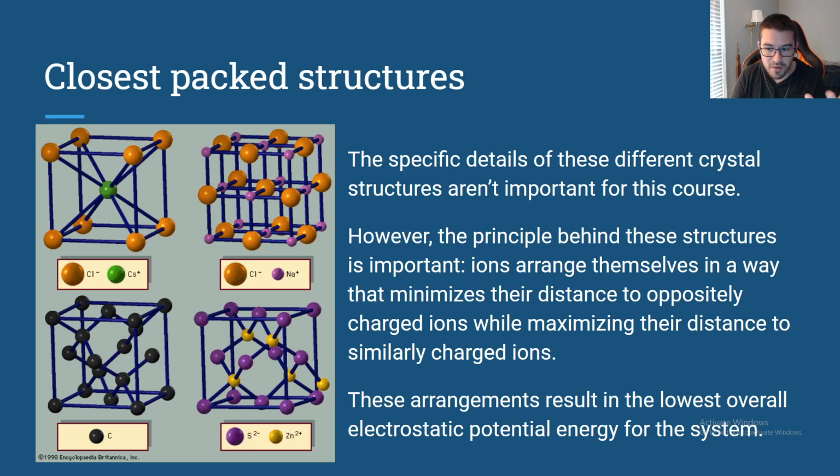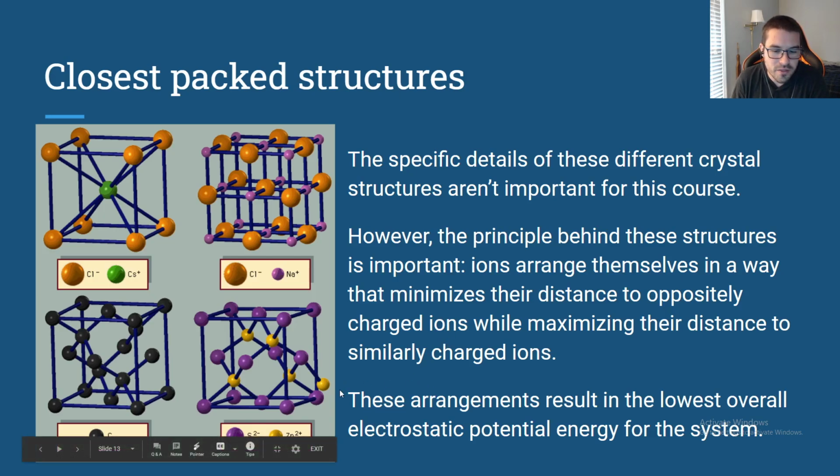While maximizing their distance to similarly charged ions. So anions and anions want to be far apart, right? Because they have similar charge. As long as you understand that concept, that is going to be good enough for us. And just once again, remember that these arrangements result in the lowest overall electrostatic potential energy for the system.